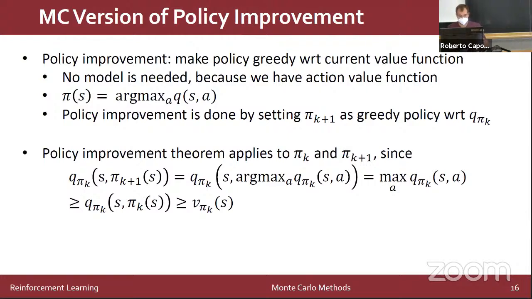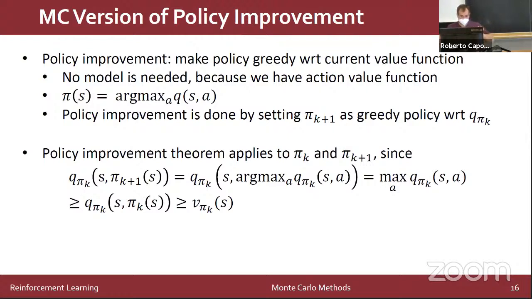Again, the initial step is you start, let's say, with a random policy, you estimate the value of this random policy, and you say, my new policy now will be greedy according to this value function, which means that I'll be taking the argmax of this value function, and this will be for sure better than following a random action, right? This is clear.